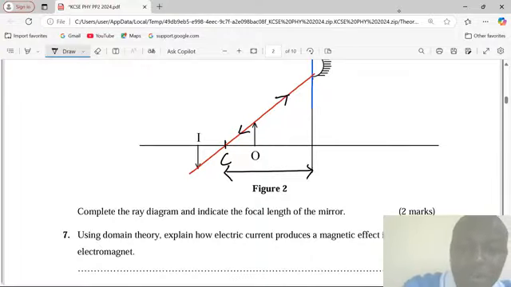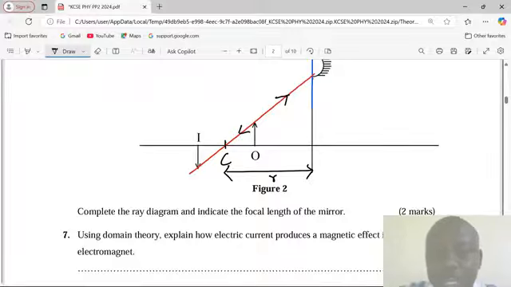Therefore, at the mid of the radius of curvature, we will have another distance that we call F. Therefore, the F can also be identified in such a manner.